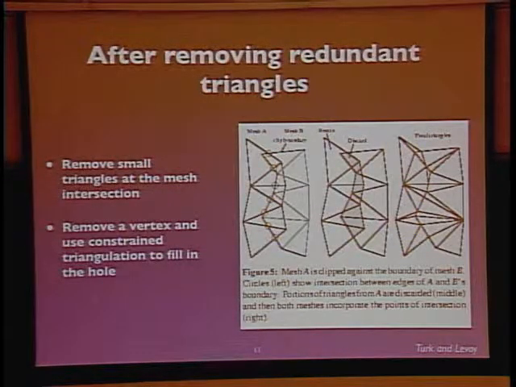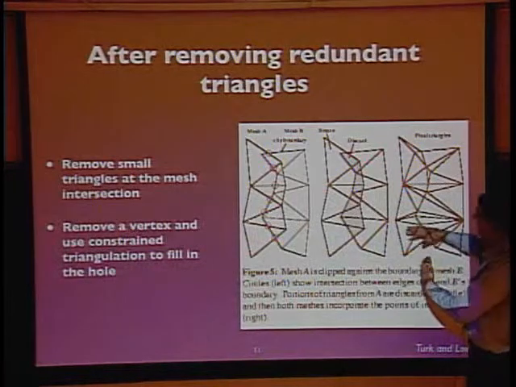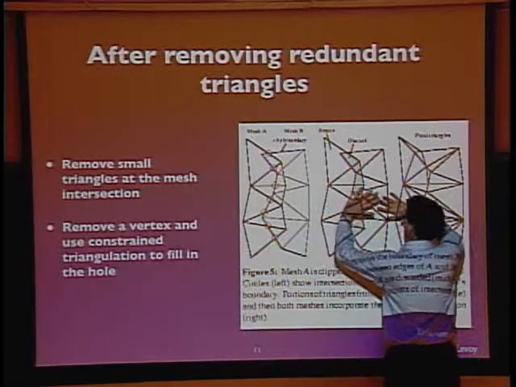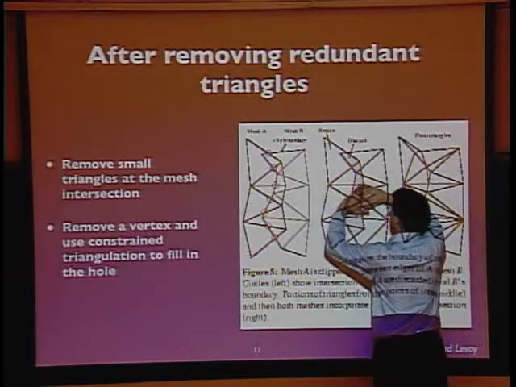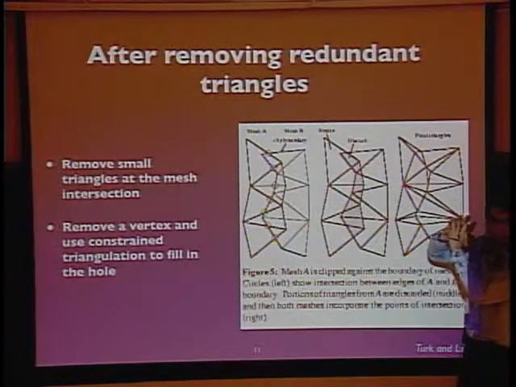So then, if you are able to do this and remove the redundant parts of the surface, you are left with dealing with this seam, which is to say, if you take two surfaces and intersect them, you will have a line or a contour of intersection where they intersect each other. And if you do that, then you will end up with a complicated looking boundary where, if you can imagine it, the surface on the left is coming out of the board like this, and so is the surface on the right, and they intersect with each other like so, and the gray parts are sticking out and are redundant.